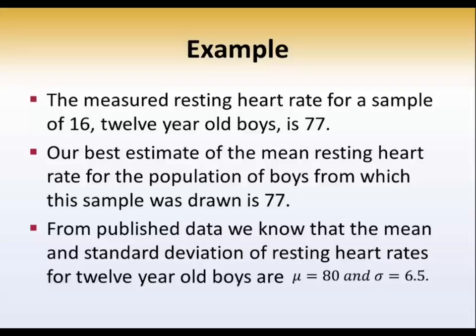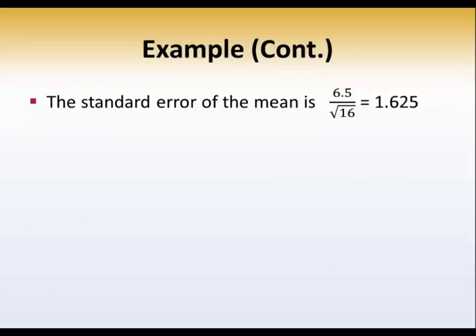Notice we've reflected the mean as mu for the population, and the standard deviation for the population, 6.5, is sigma. So to calculate the standard error of the mean, we divide 6.5 by the square root of our n, which is 16, so the standard error is equal to 1.625.